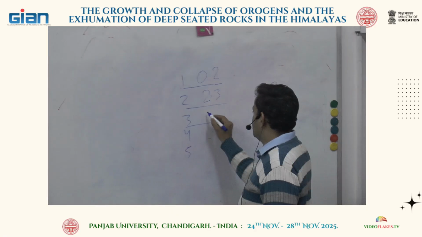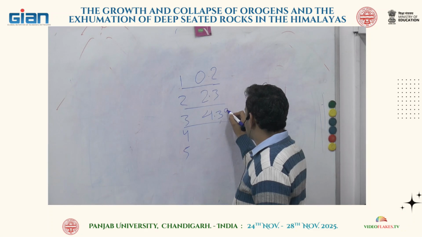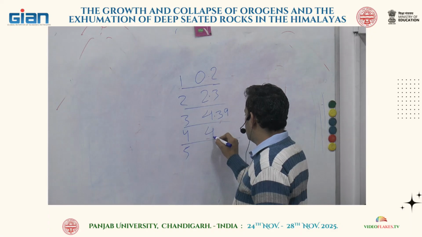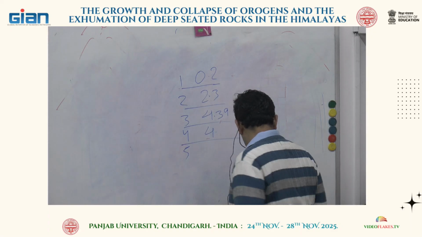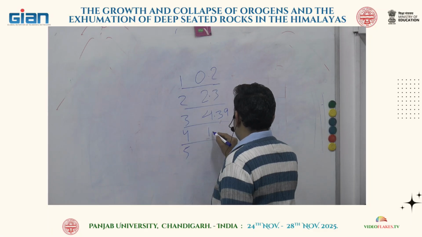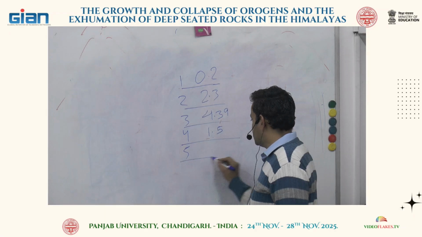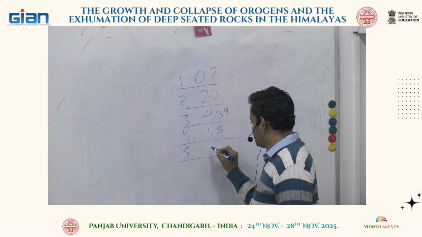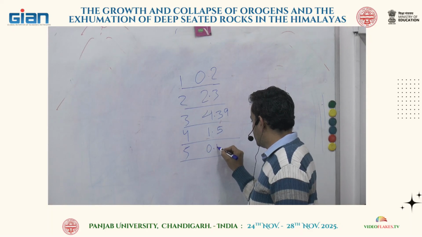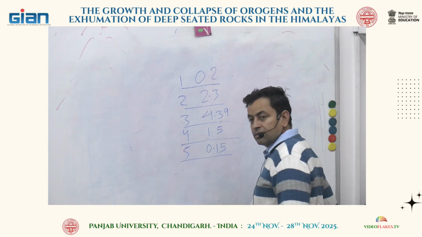Third, 4.39. 4.15. 1.5. 1.5. Everybody got the same numbers.